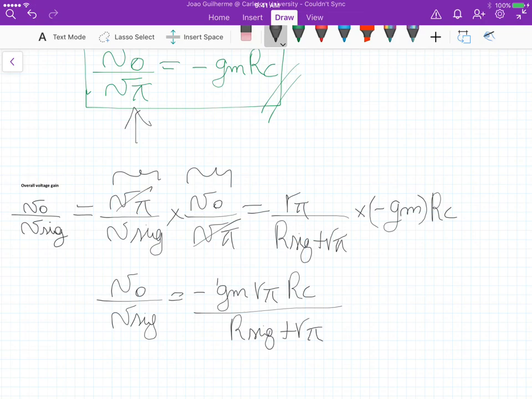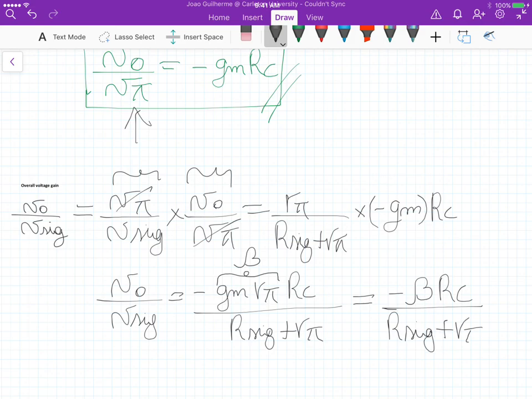And Gm times R pi is equal to beta. So the output here can be written as minus beta RC divided by R signal plus R pi. That's our last equation for this problem.